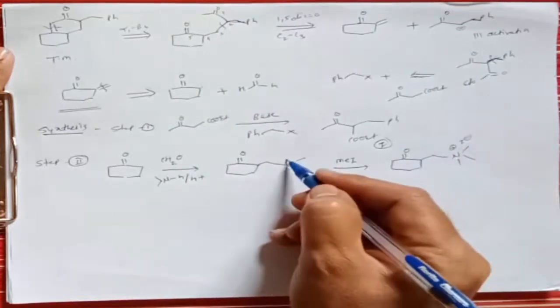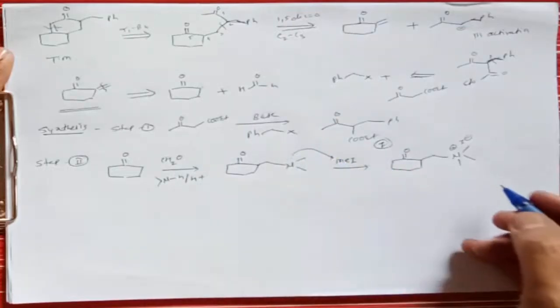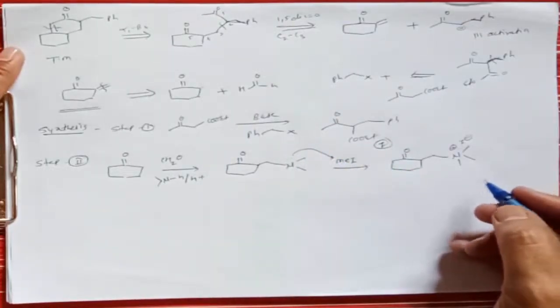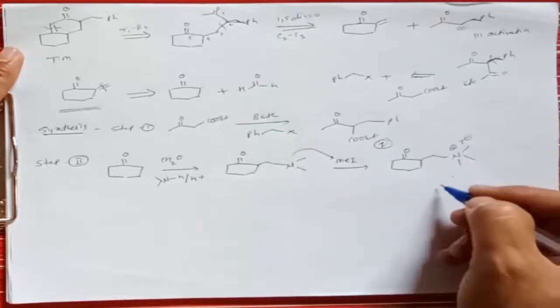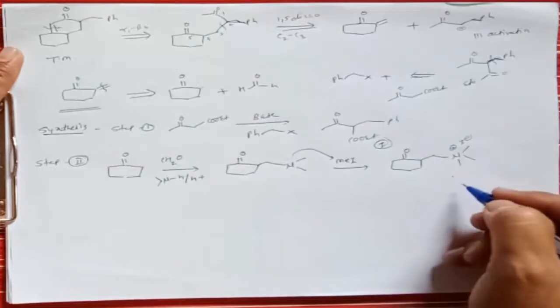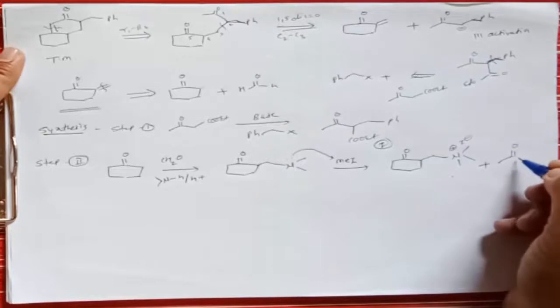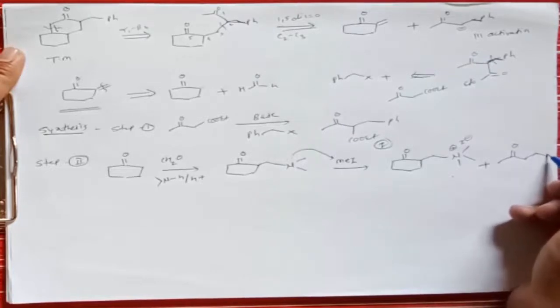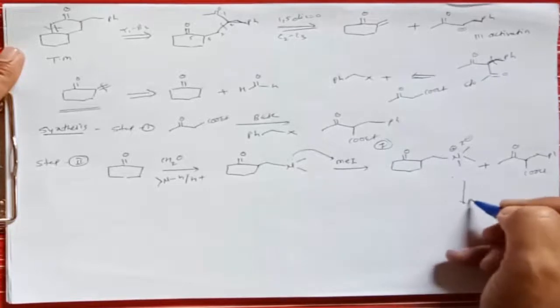That means the lone pair of this nitrogen will attack on this methyl group, iodide will remain here, right? Now this salt is there, and if we treat this salt with the first compound, so what is the first compound? The first compound is CH3C=O, then CH2CH2Ph, and then COOEt, in presence of base.